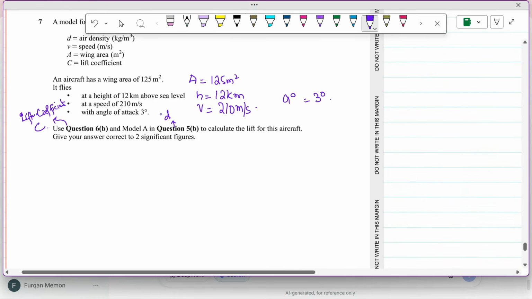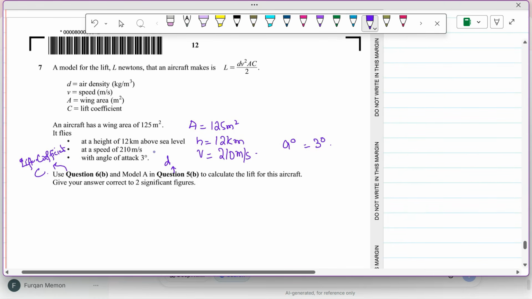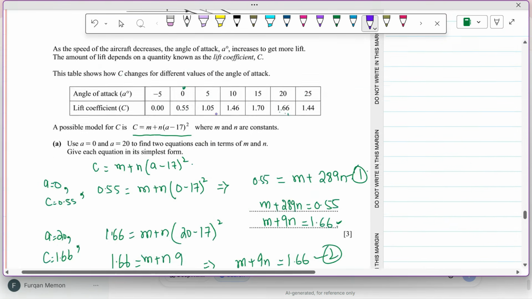We studied the density with respect to height and the lift coefficient with respect to angle. Now we need to calculate the lift, which requires the value of C and the value of density. So we will calculate density with respect to height from question 5b, and the lift coefficient with respect to angle from question number 6b.